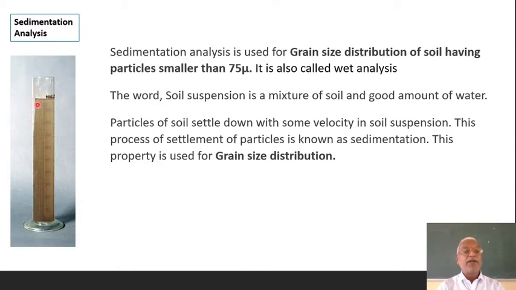So sedimentation is the process with which the particles settle down with their own velocity. Now this property of sedimentation is used for grain size distribution. Of course, we'll be seeing the details now.